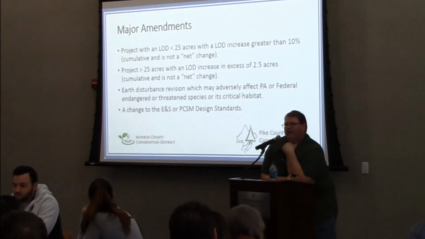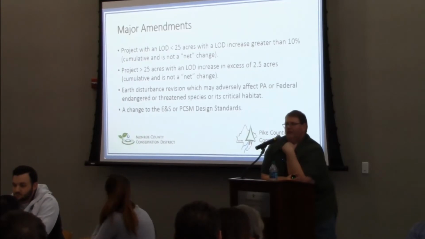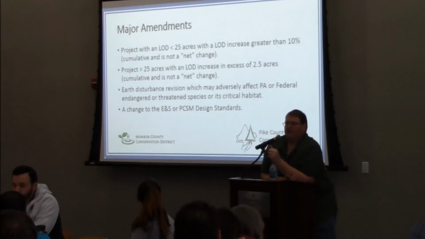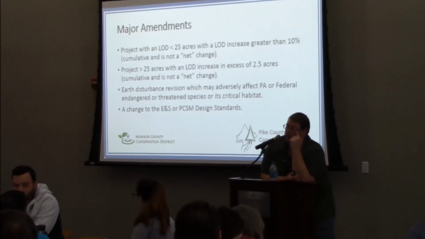If you go above that 2.5 cumulative net limited disturbance, you now have to do a major amendment. Also, earth disturbance revisions which may adversely affect PA or federally endangered or threatened species or critical habitat would also push you into a major amendment.